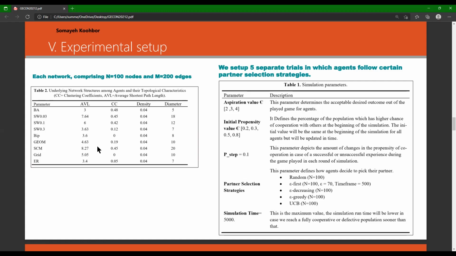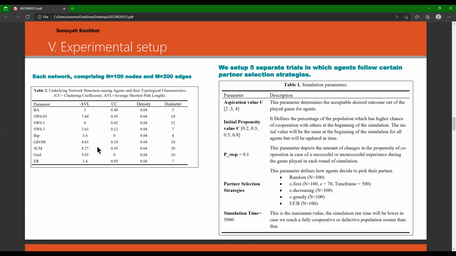Initial propensity value shows the percentage of the population which will follow cooperative behavior at the beginning of the simulation. Again, I assign a range, but according to the literature, we're not really interested in 0.5 and 0.8, because if we start the simulation and a large percentage of the population follows a cooperative strategy, people can claim that's why you ended up with such a result.